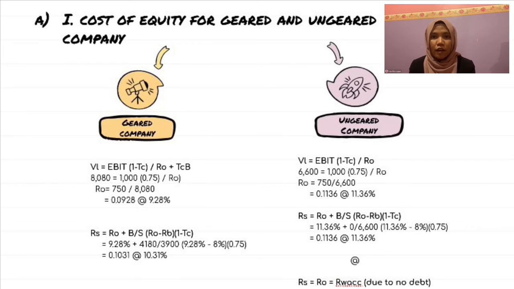For the RS, we have 11.36% plus 0 and divided by 6600 and multiplied by 11.36% minus 8% and multiplied by 0.75, and we get 11.36%. Or the RS equals to RO and equals to the RWACC because there is no debt.